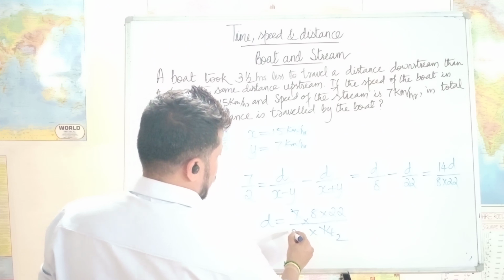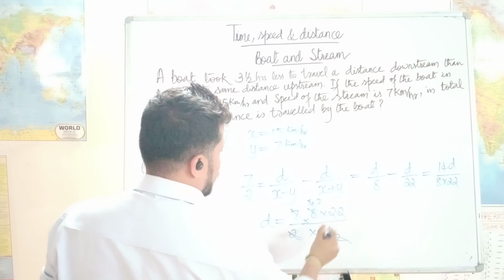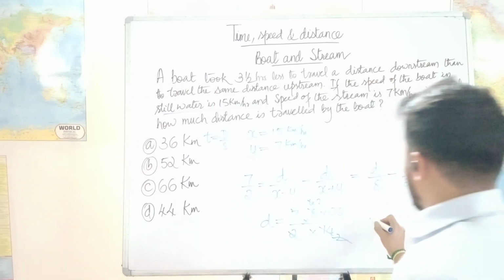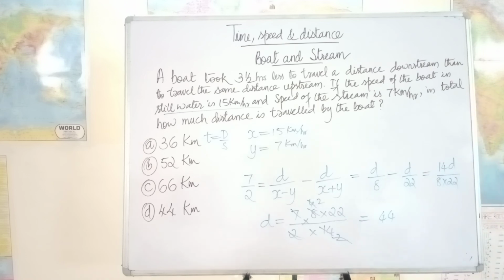So 2 ones are 2, 2 fours are 8, 2 ones are 2, 2 twos are 4. So d is equal to 44 kilometers.